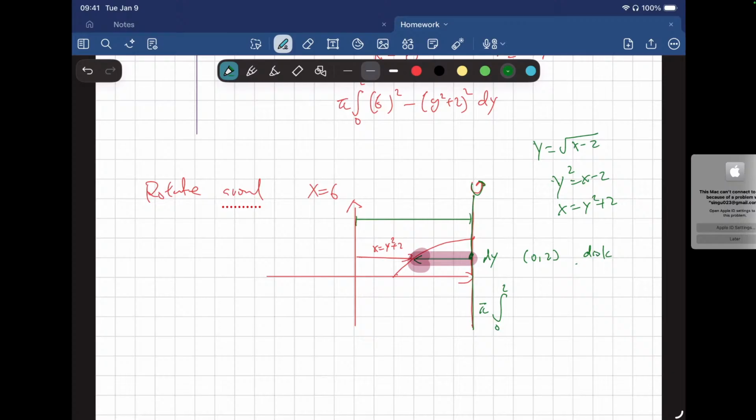Because the whole thing is a 6, right? So the r of y is equal to 6 minus parenthesis y squared plus 2. Why? Because it has to take a 6 minus the red to get the highlighted part. This is the r. Now we have to put another parenthesis here, square. Don't forget another parenthesis, and the dy.